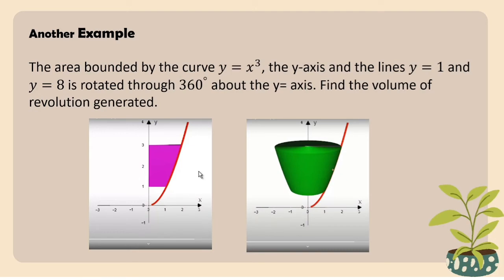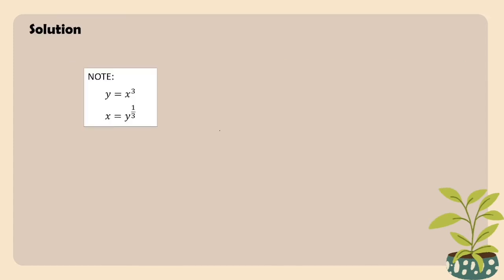At this point, the axis of revolution is the y-axis, as you can see, so we'll have to use the formula with respect to y, dy. Here we note that y is equal to x cubed, so x is equal to y to the power of 1/3.